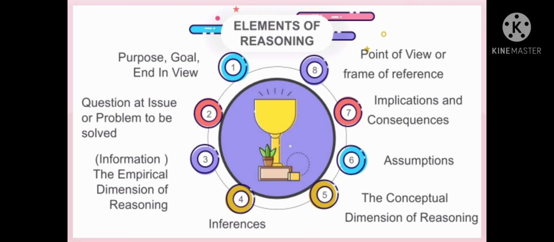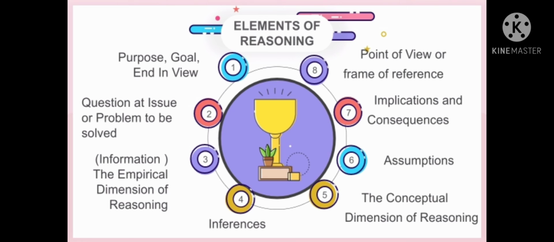The fifth element of reasoning is the conceptual dimension of reasoning, which means all reasoning uses some ideas or concepts and not others. These concepts can include the theories, principles, axioms, and rules implicit in our reasoning. Any defect in the concepts or ideas of the reasoning is a possible source of problems in student reasoning.